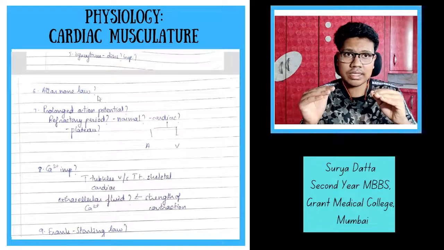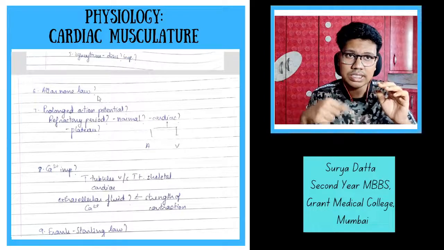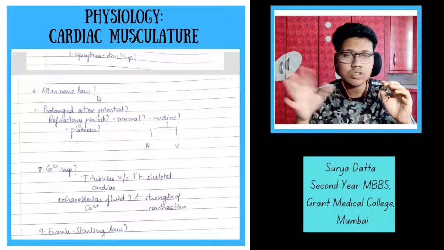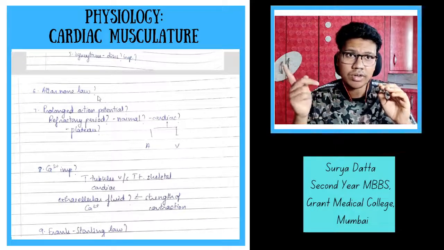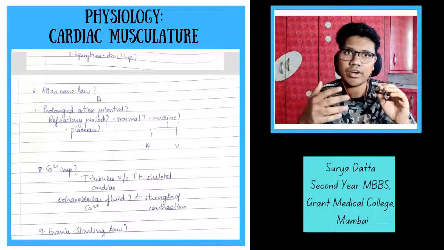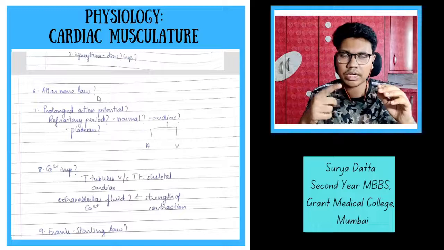Let's say the threshold is around 90, okay? If I give it 10, 20, 30, 40, it's not going to work. It's not going to fire. The second I give it 90 or even 100, even 200, it will fire at the same rate, right? Unless there are some changes, which we'll talk about later, maybe.